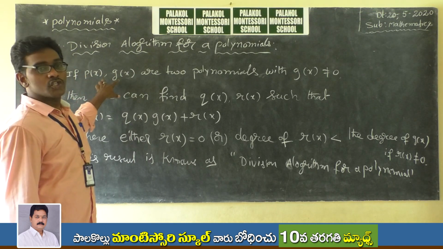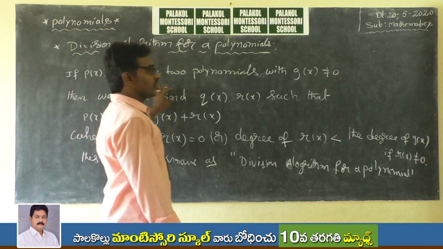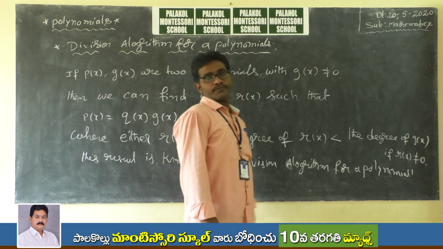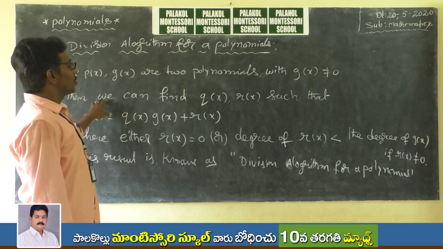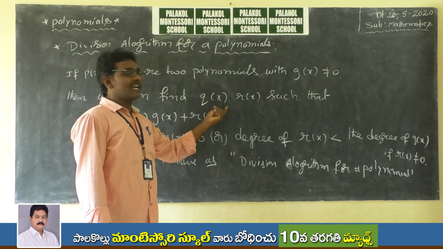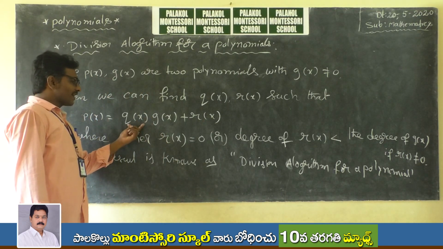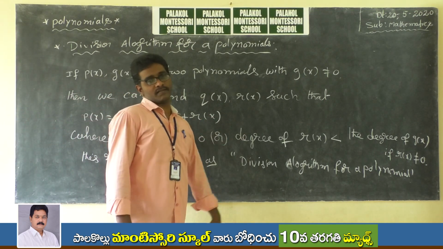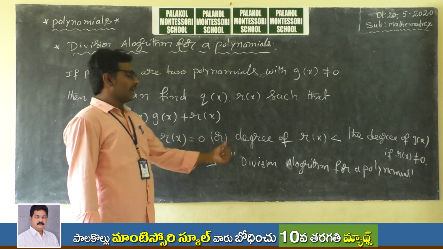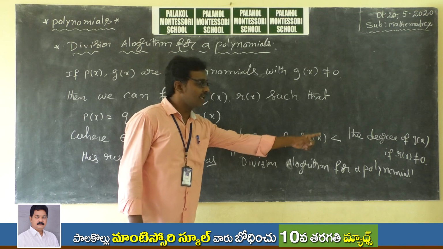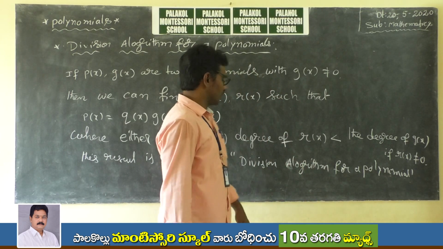Okay, so the division algorithm for a polynomial. If p of x and g of x are two polynomials, in this case g of x is not equal to 0, then you can find q of x and r of x such that p of x is equal to q of x into g of x plus r of x, where either r of x is equal to 0 or degree of r of x is less than the degree of g of x if r of x is not equal to 0.